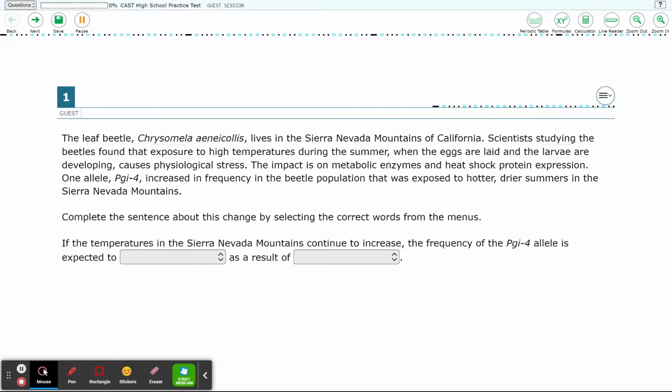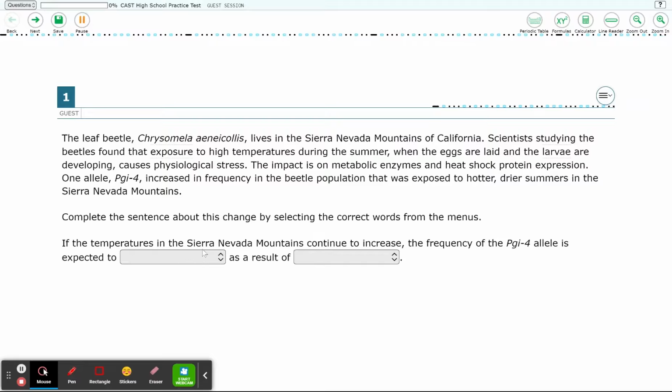The impact is on metabolic enzymes and heat shock protein expression. One allele, PGI4, increased in frequency in the beetle population that was exposed to hotter, drier summers in the Sierra Nevada mountains. Complete the sentence about this change by selecting the correct words from the menus.